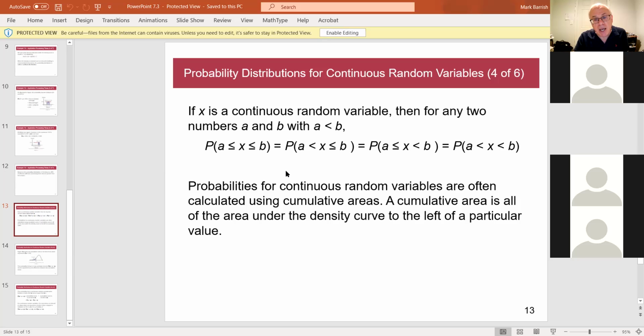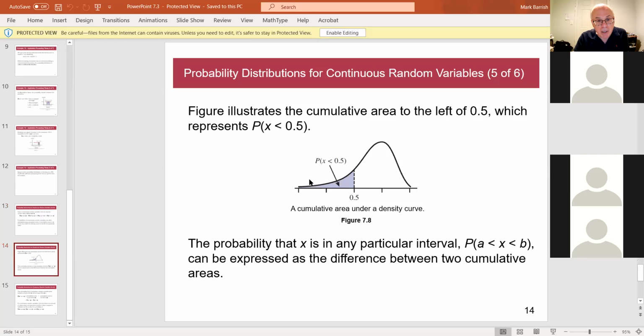And by the way, when we talk about area to the left, the probability, for example, that x is less than A or less than B, we're talking about what's called a cumulative area. If you hear that term cumulative area, it means the area under the curve to the left of that value. We'll get to that when we get to our normal curve.